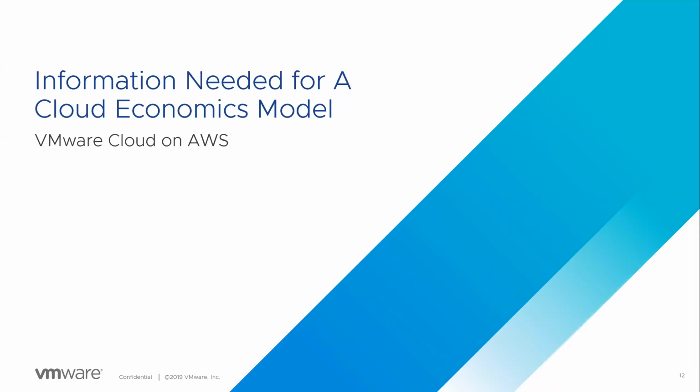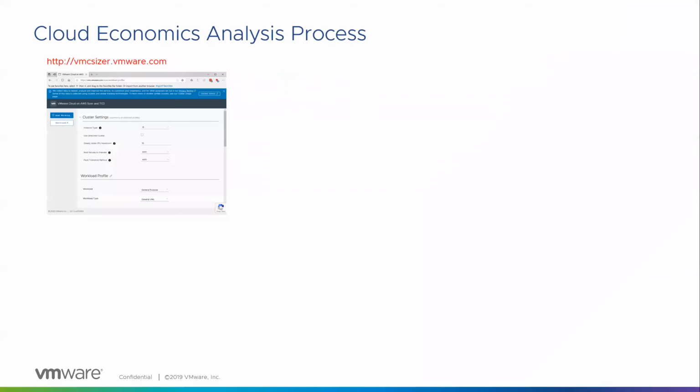Generally, when you or your partner say, hey, can you help us with the total cost of ownership, the first thing we do is ask you for an inventory of your environment, whether that's through our vTools, a vRealize Operations inventory and performance report, or a vCenter inventory. We get the payload of your virtual infrastructure.